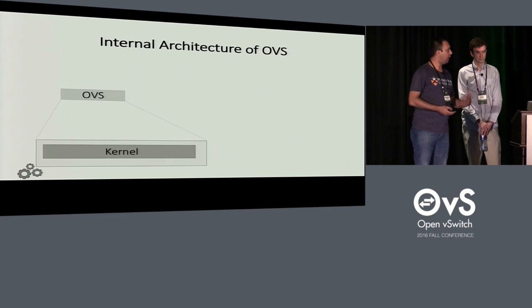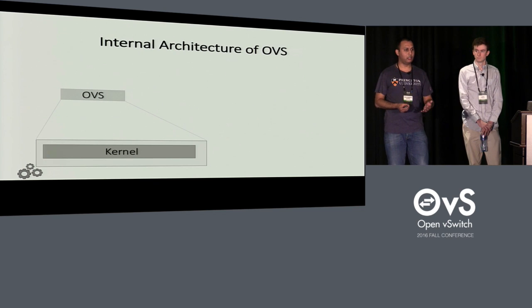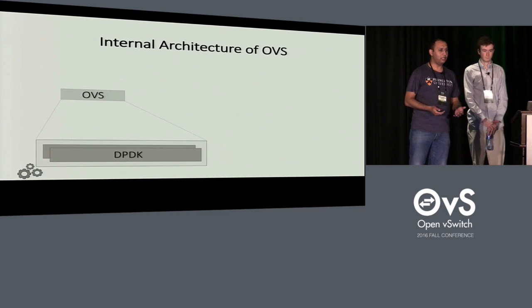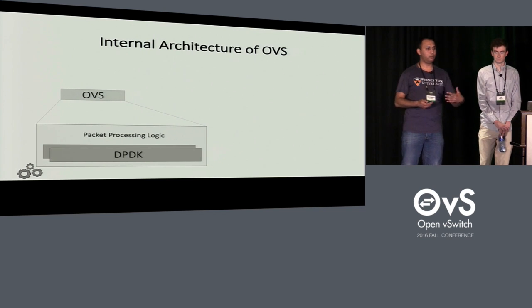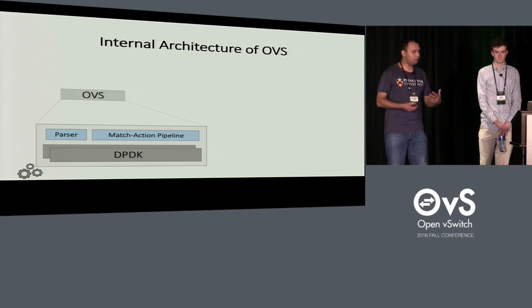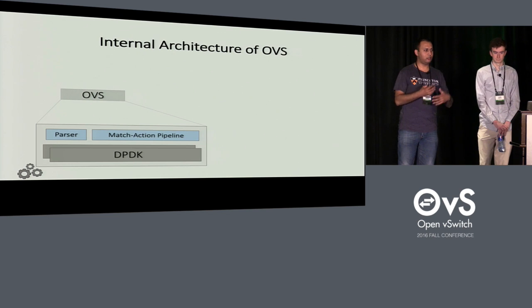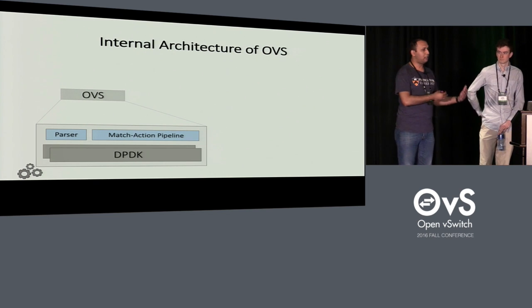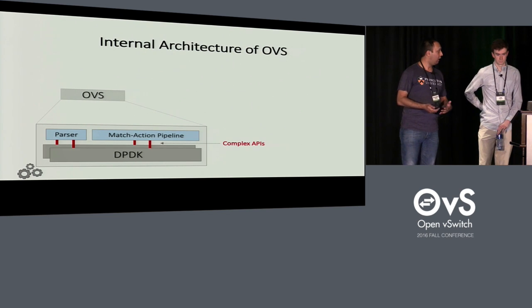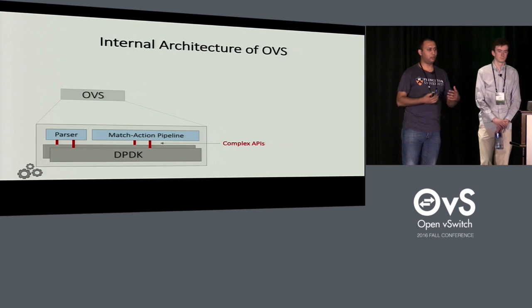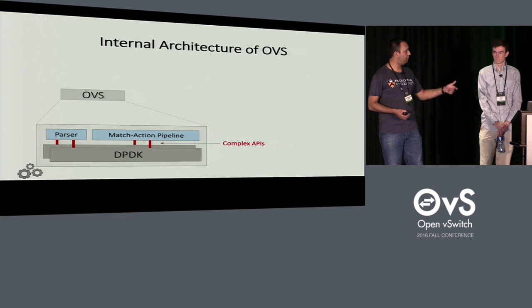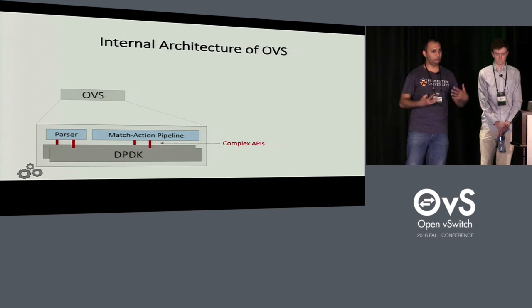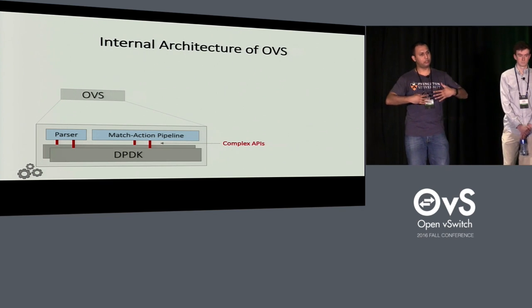Normally the packet I/O is implemented using kernel or DPDK, and then there is the packet processing logic that sits on top of it to process the packet. In OVS, it's usually implemented as a parser with a match action pipeline. And then there are complex APIs for different packet I/O interfaces, like kernel, DPDK, and so forth, that you build your packet processing logic on top of.